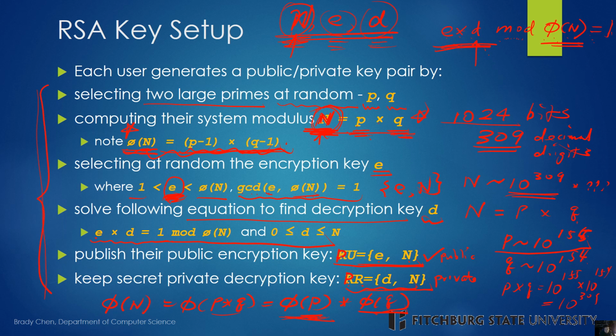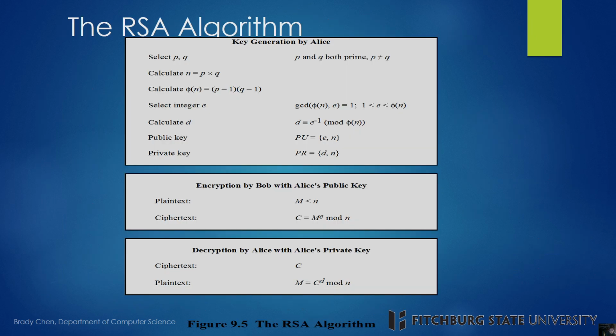Now let's see why this is working. Before we move forward, let's summarize the RSA algorithm. The first part is to find N, E and D. To do this, we first select two prime numbers, which are not the same.